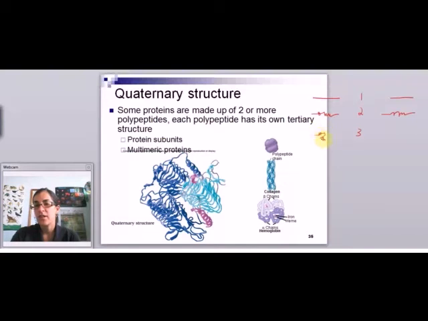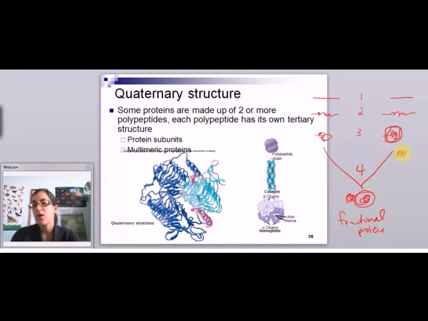This one's going to fold up. This one folds up into a different shape. And then the quaternary structure is when this and this have to find each other, and there's some sort of interaction between the two, and this is your final functional protein.